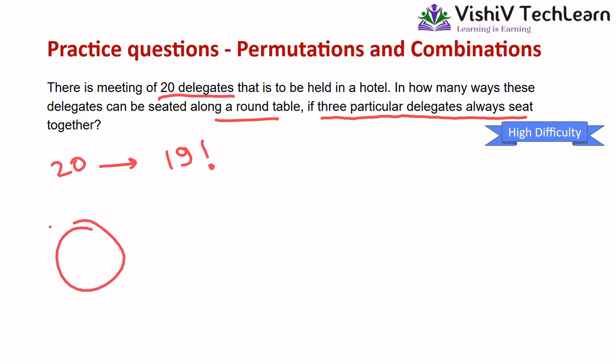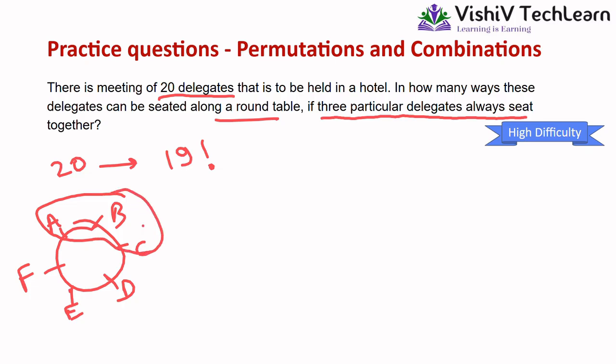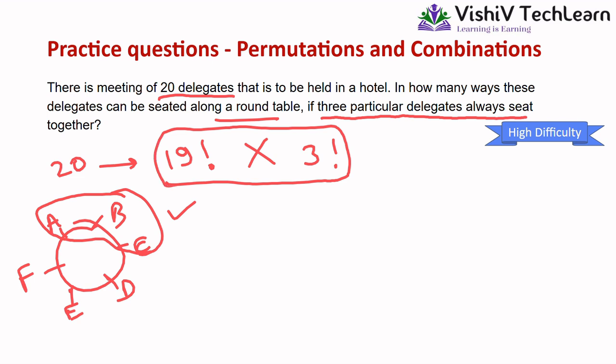Again if we consider 6 delegates, A, B, C, D, E and F, and the condition that A, B, C have to be together always, then these 3 delegates can be seated in 3 factorial ways. They can change their positions among themselves. So 19 factorial into 3 factorial will be the final answer for this question.